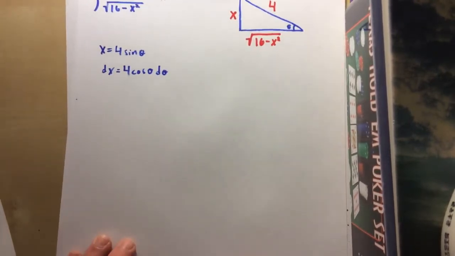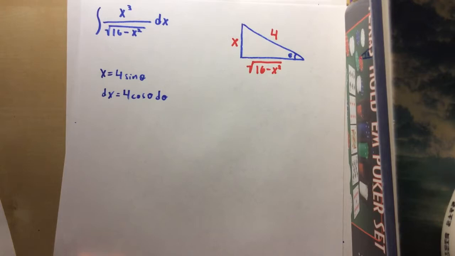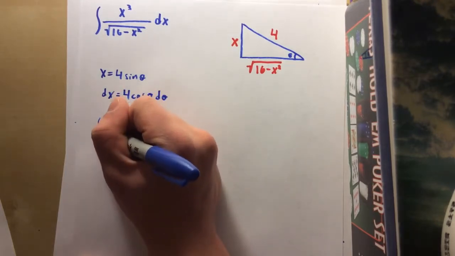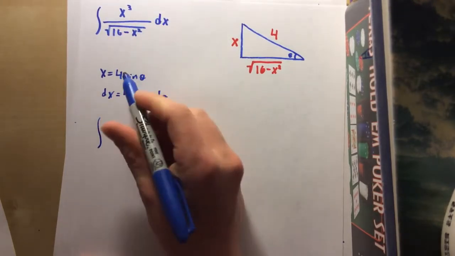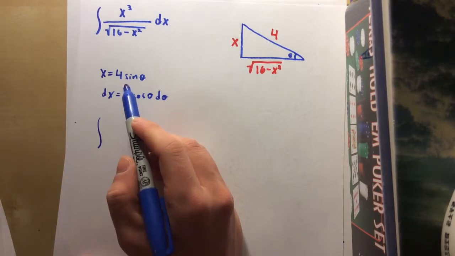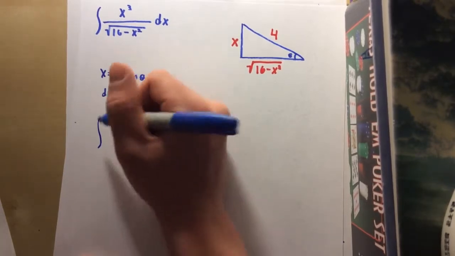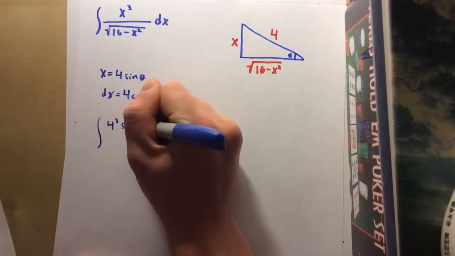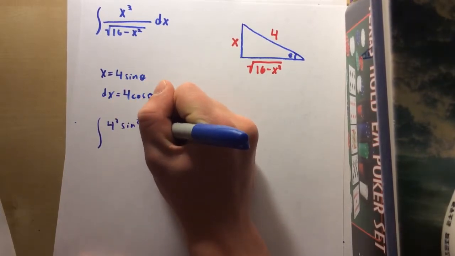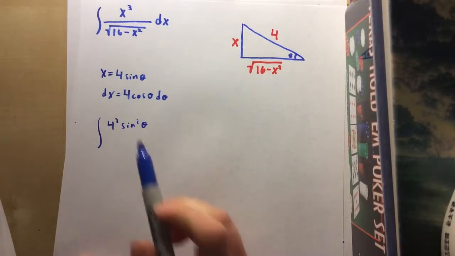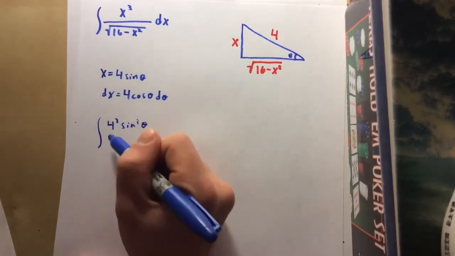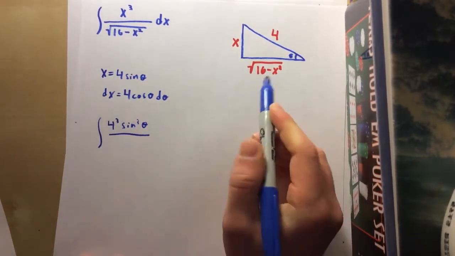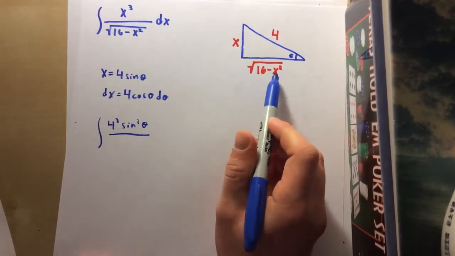So next step is to rewrite the integral. We have an x cubed on top, so we're going to have a 4 sine theta cubed. I can go ahead and write that 4 cubed times sine cubed of theta. And then we're dividing that by the square root of 16 minus x squared.